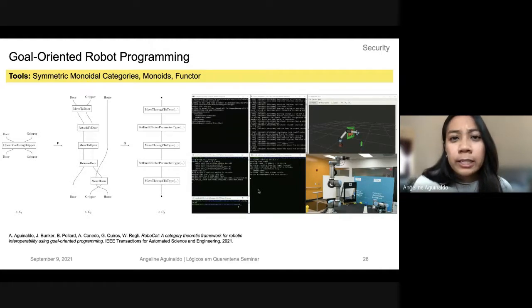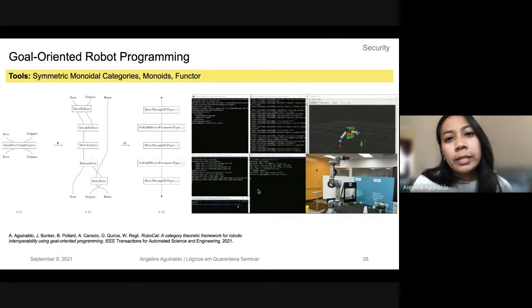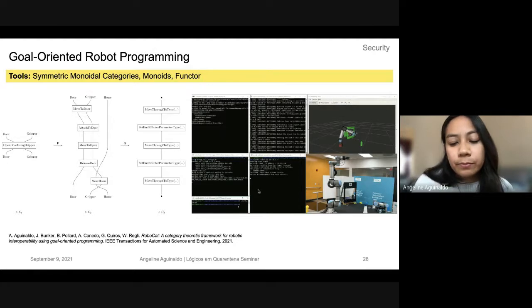So how do we encode the mappings that relate skills to specific SDK syntax in order to improve modularity, and be able to run this in a variety of environments?